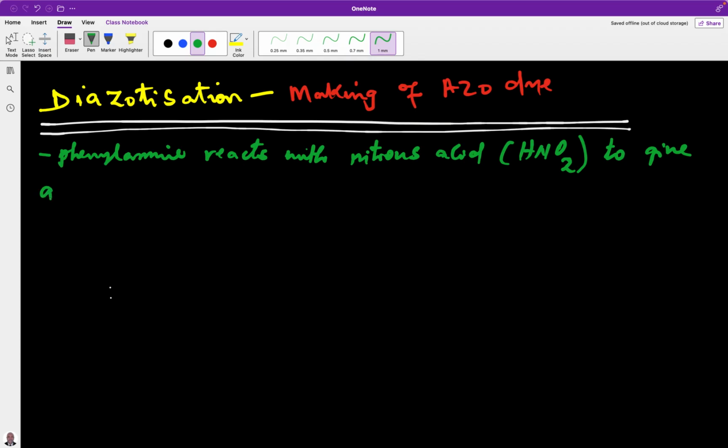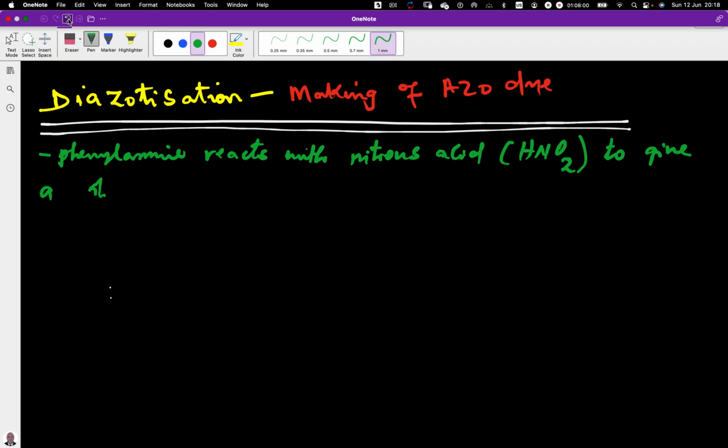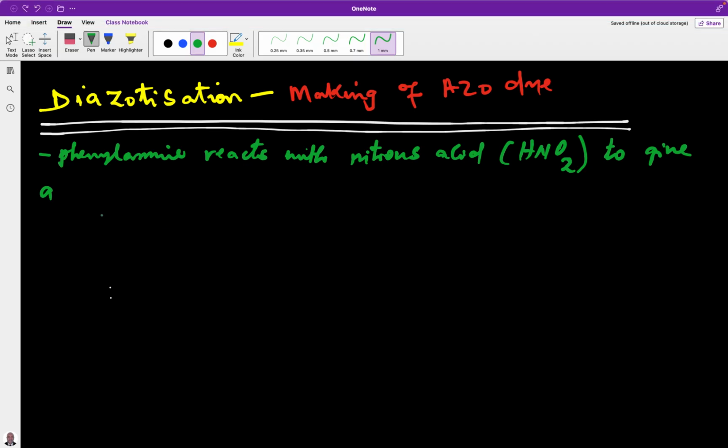To give a diazonium salt. Remember that this salt is very, very unstable at temperatures above 10 degrees. This salt is very unstable, and when heated with water, it will decompose to give nitrogen.